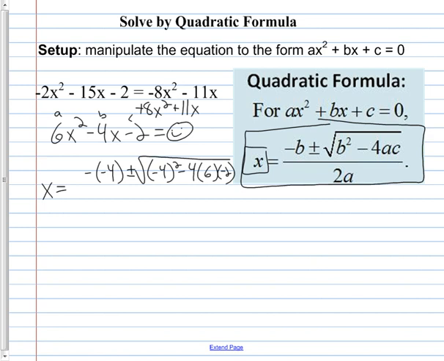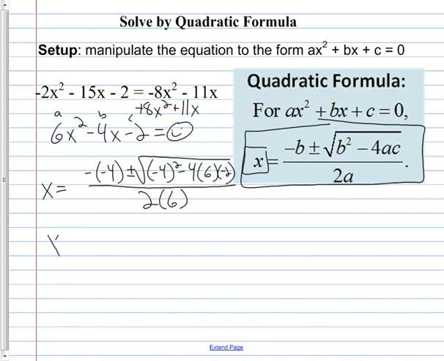Keep in mind that b is negative 4 and c is negative 2. You always have to include the sign in front of the number. Now we have the whole thing over 2a, so 2 times 6. Now we just get to the simplifying.